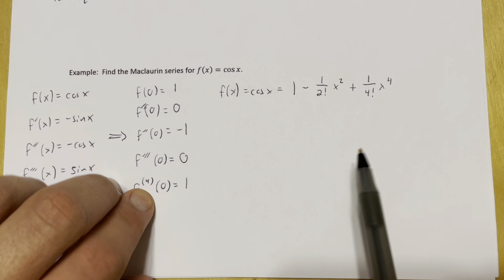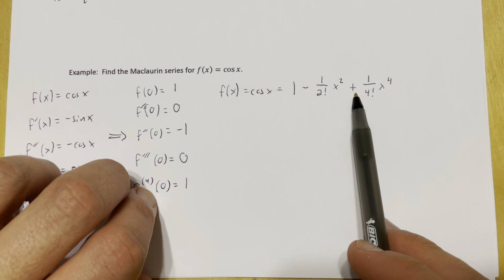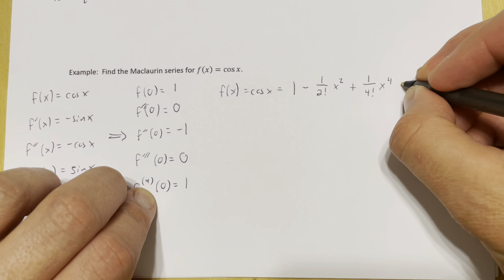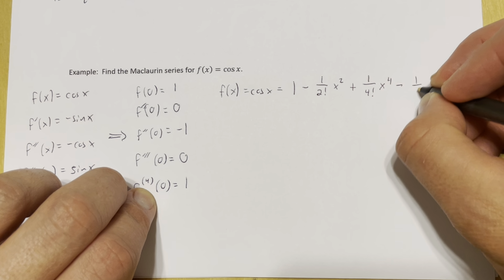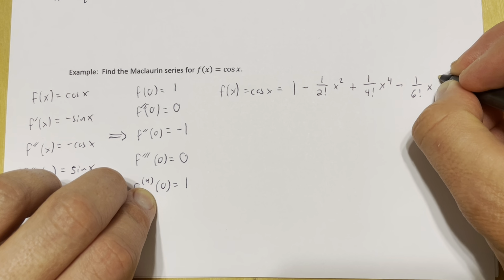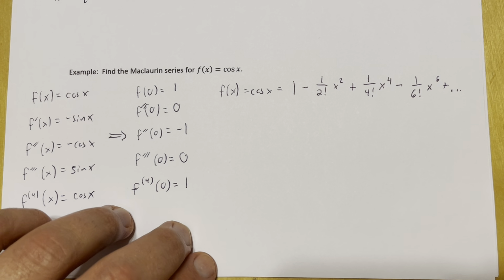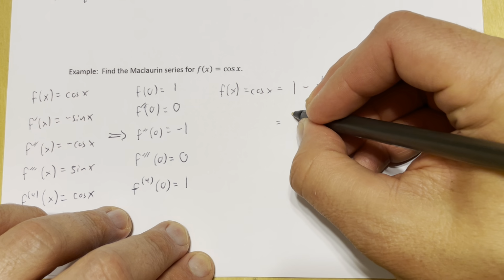And what we're seeing is a similar pattern, alternating pluses and minuses, and I'm only getting my even powered terms. So because I had a plus here, I'm anticipating a minus here, 1 over 6 factorial x to the sixth, and then plus, I'll get an 8th degree term. It just continues on.